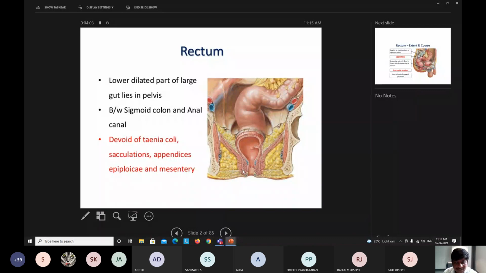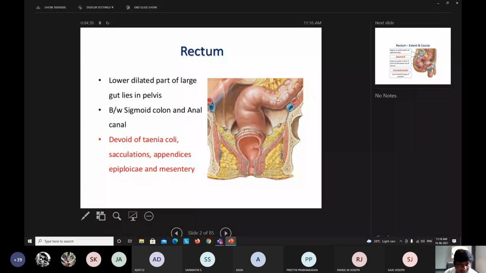This rectum is devoid of tinea coli, the longitudinal muscle coat of the large intestine, and of saculations. You can see the folds of the large intestine in the sigmoid or transverse colon; most of the colon has these saculations, but they are absent in the rectum.